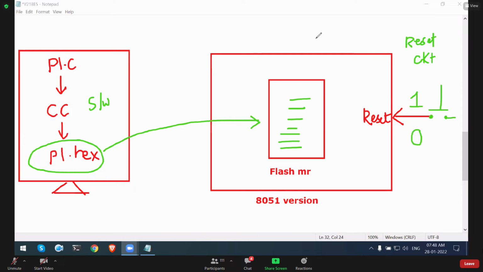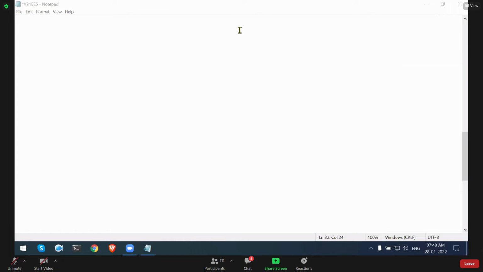Yes, in every microcontroller we have to press the reset button before dumping the hex file. But in the latest microcontrollers, the reset button is given, but there is no need to press it while dumping the hex file. So in the latest microcontrollers that mechanism is not used, but in old microcontrollers it is used.